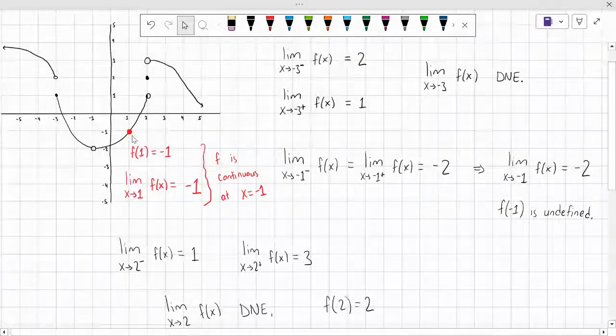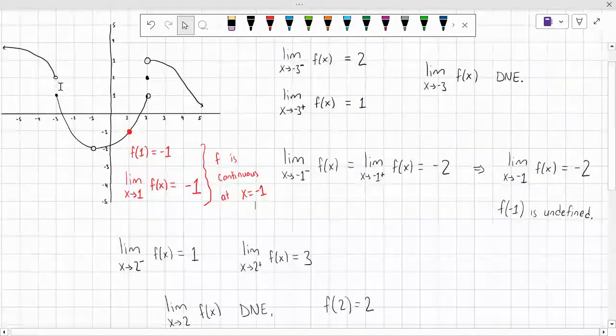That makes sense from what the word sounds like: if there's a break in the graph, it sounds like it's not continuous there. So this function is not continuous at x equals -3, and it's not continuous at x equals 2, for instance. But it is continuous at all the other points where there was no jump.